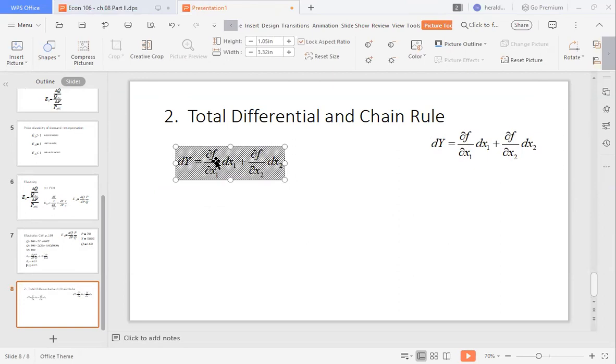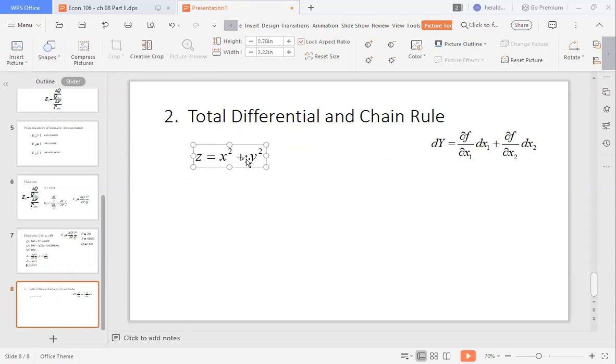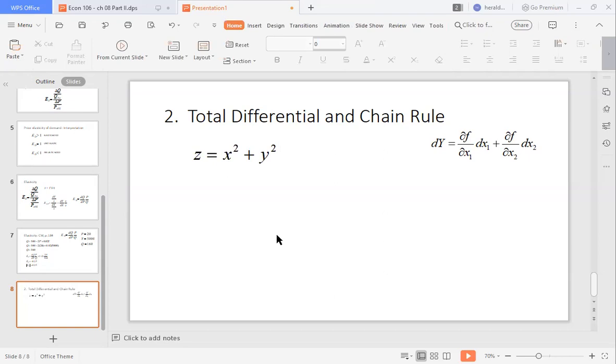Okay, so when we have z, let's start first with just this example. z is equal to x squared plus y squared.